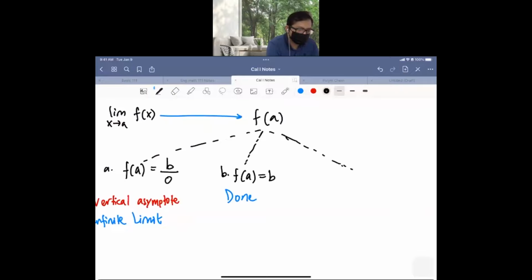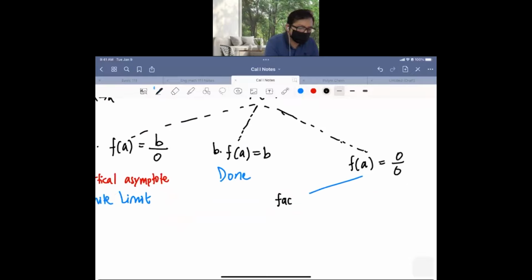Or the case of 0 over 0 situations, which we call indeterminate forms. There are several ways to evaluate when we have this 0 over 0. First, can the function be factorized?